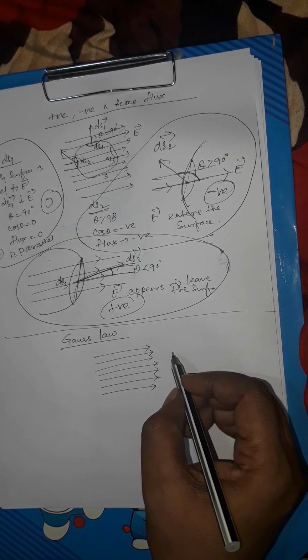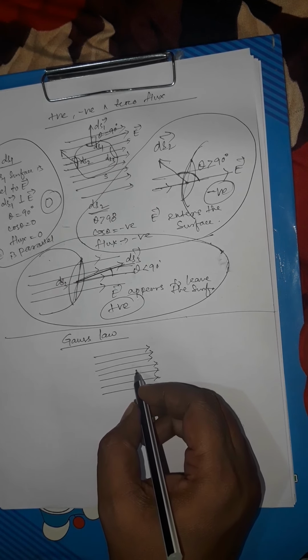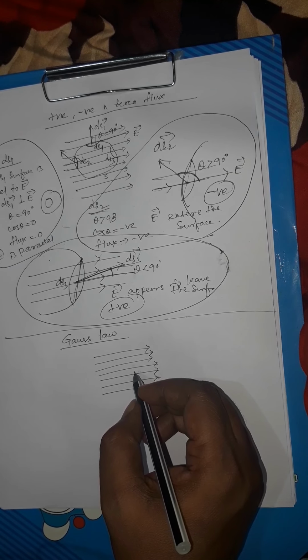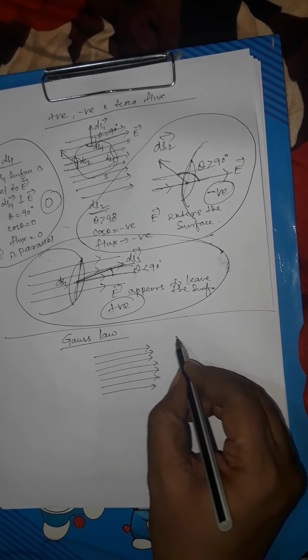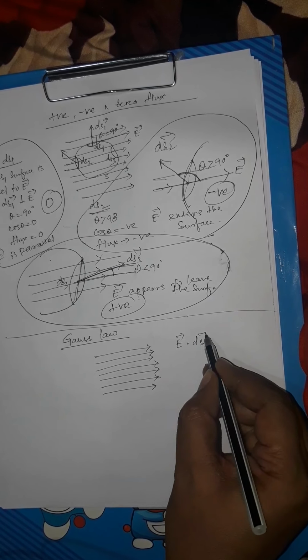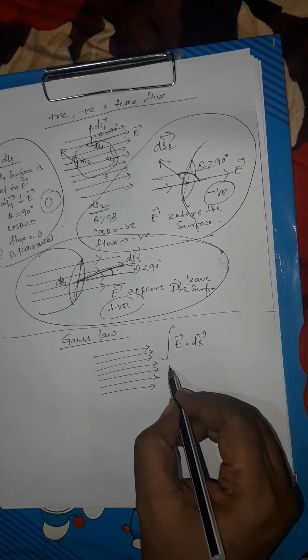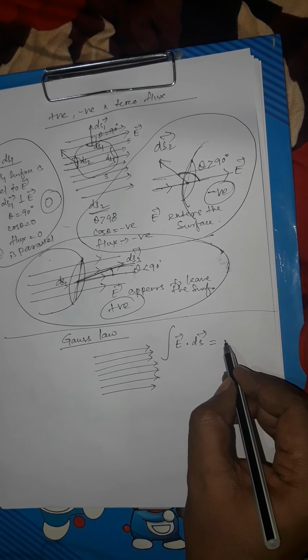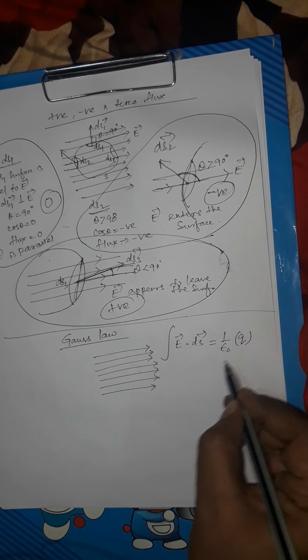So the net outward electric flux through any closed surface in an electric field, which is the integral of E vector dot ds vector, net meaning total electric flux, is equal to 1 by epsilon naught times the charge q.